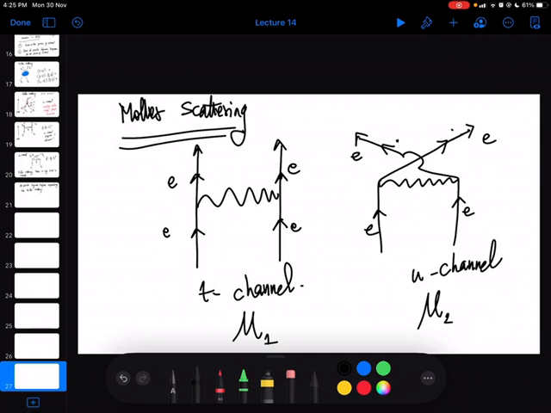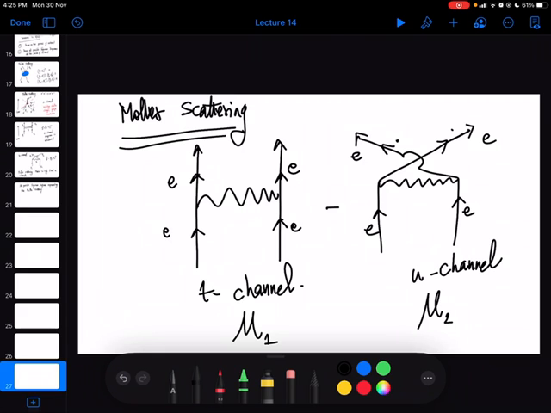If you have two incoming or outgoing electrons, they are the same fermions, so if you interchange them, you pick up a minus sign.